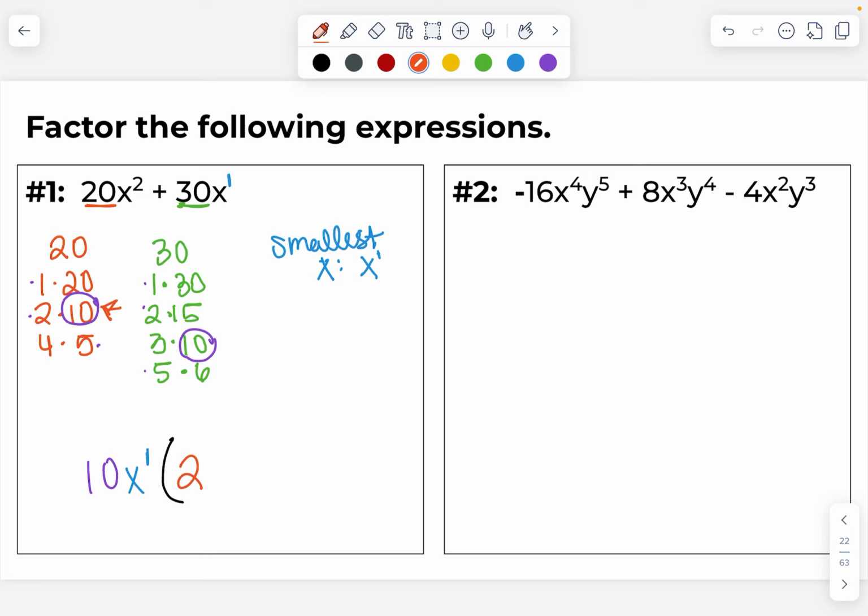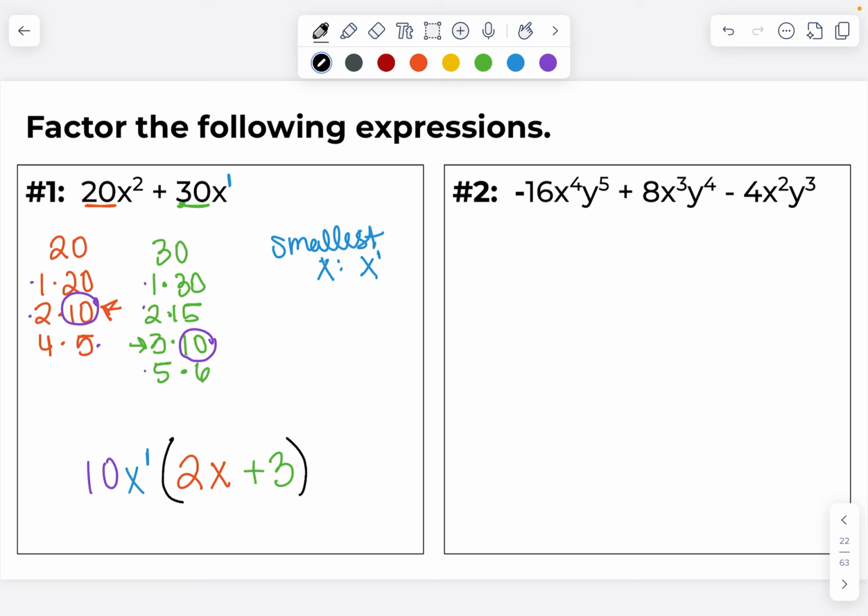I'm going to pull 1x out, and that leaves behind a single x. Same idea over here. I can look right here to tell me what gets left behind. 3 times 10 gave me 30, so I'm going to leave behind a positive 3. And my x got pulled out. So I can close my parentheses.